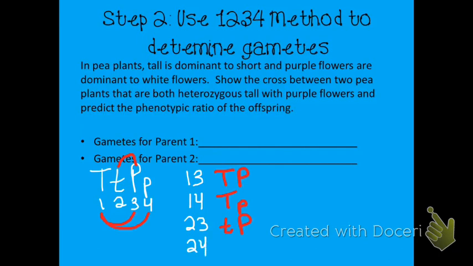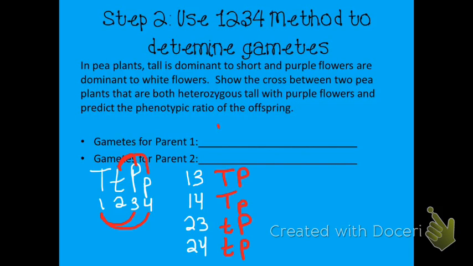When we put 2 and 4 together, that gives us a lowercase t and a lowercase p. So these are going to be our 4 possible gamete combinations. And you have to do this step before you do any dihybrid cross.